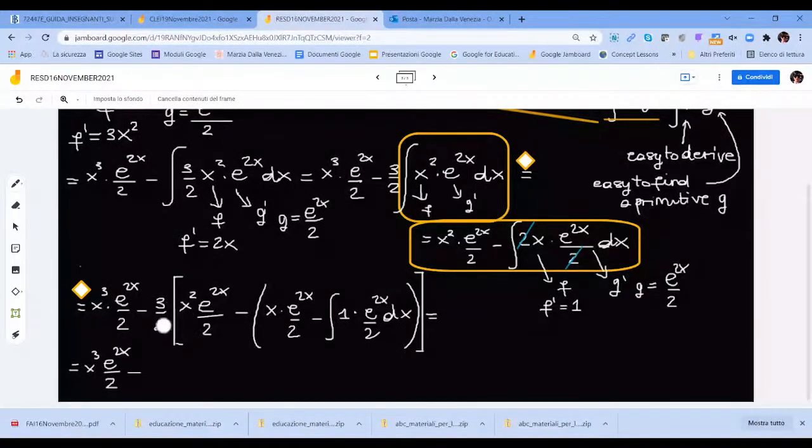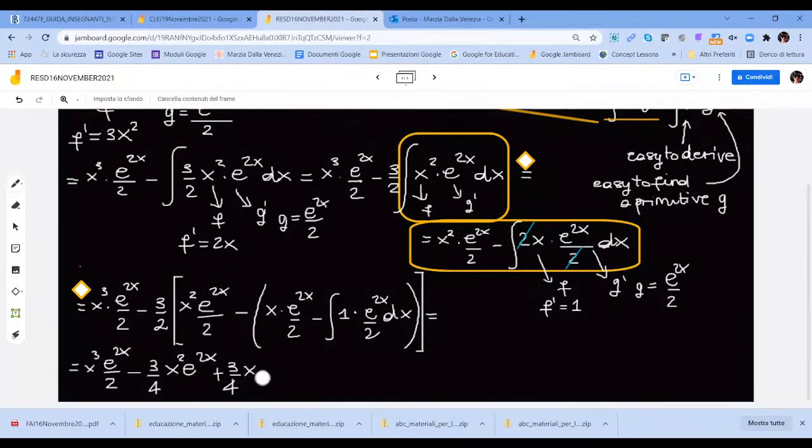Now we can multiply 3/2 by the first term in the big parentheses. So minus 3/4 x squared e to the 2x. Okay. And then we can multiply minus 3/2 by the first term of this parenthesis. So we have plus 3/4 x e to the 2x.